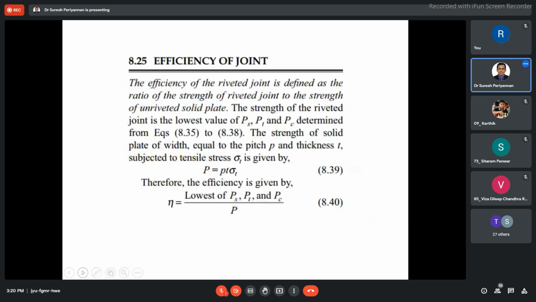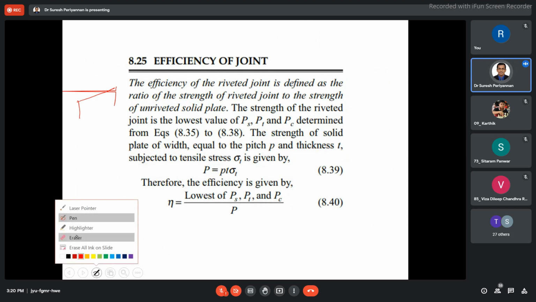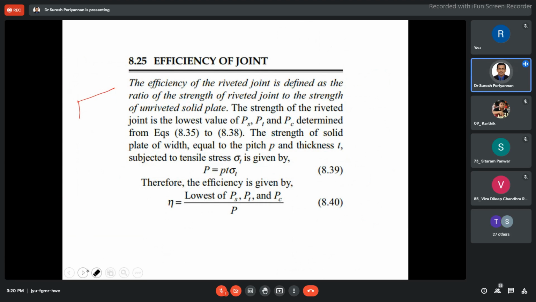Now I come to the efficiency of the joint. What is the efficiency of the joint? In general we know very well that whenever we introduce holes, we are losing the strength of the material, right? Suppose this is a plain, solid plate.